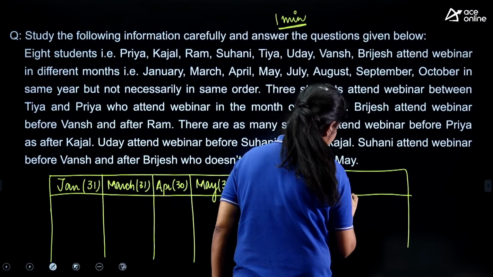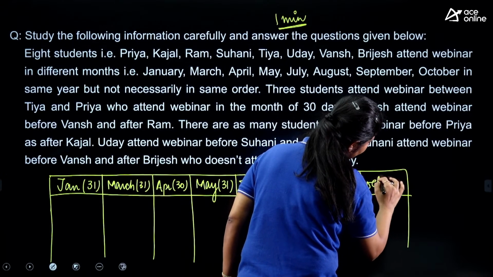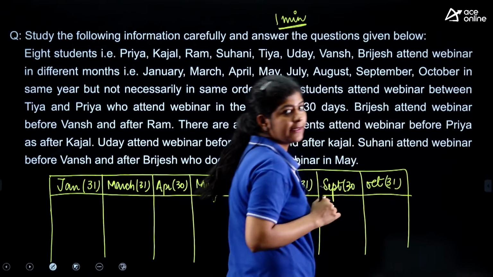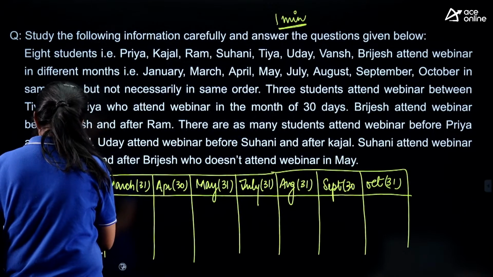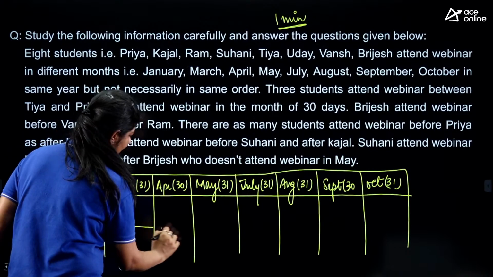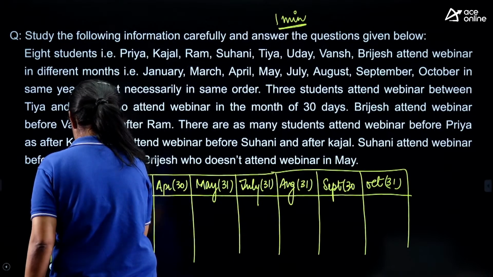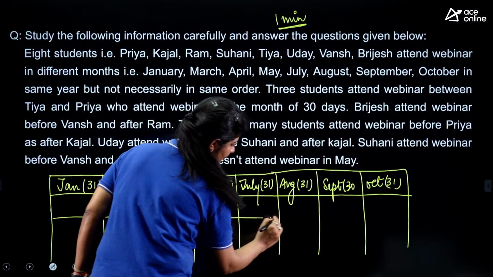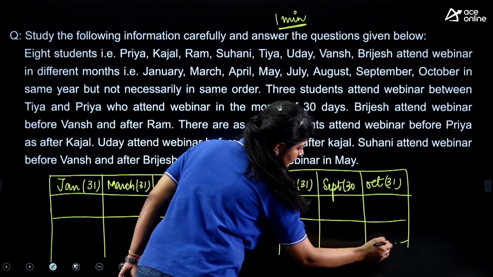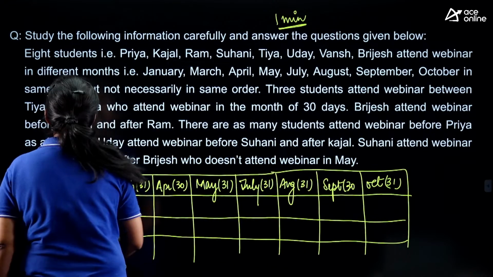September 30. And October 31. Right? There are chances that we do have multiple cases, so I'll make it like this. Okay, let's start writing it.